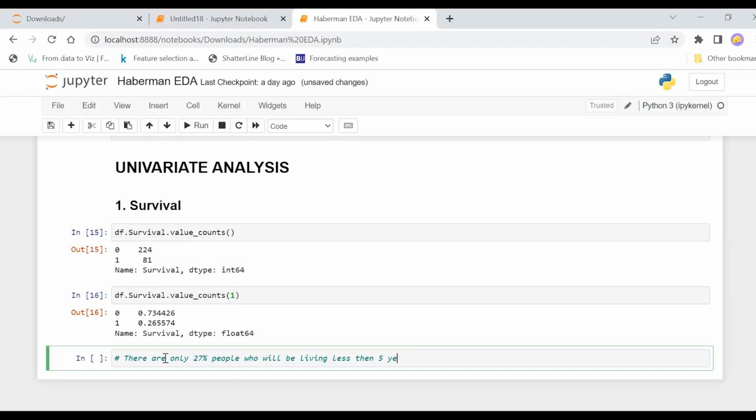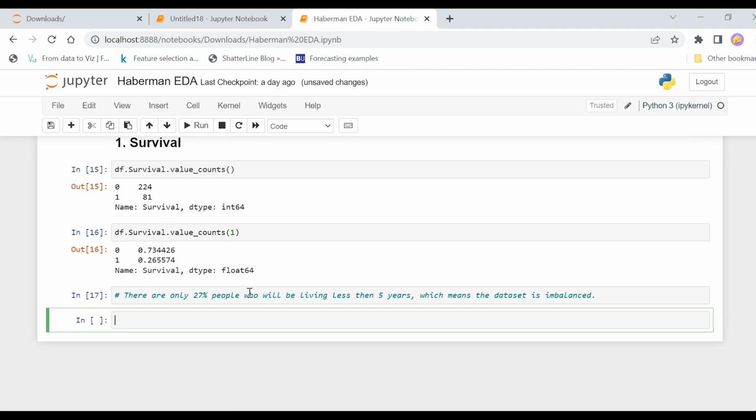which means the data set is imbalanced. Obviously the data set is imbalanced because nobody wants to live less, right? Everybody wants to live more. And from this analysis, I can figure out that there are many people living more than 5 years in the data set, and very few people living less than 5 years.